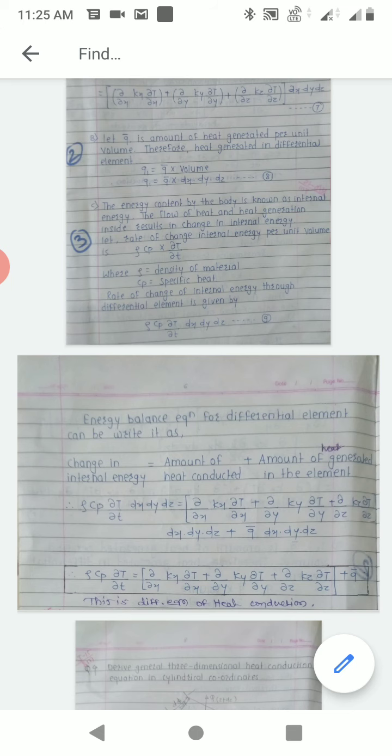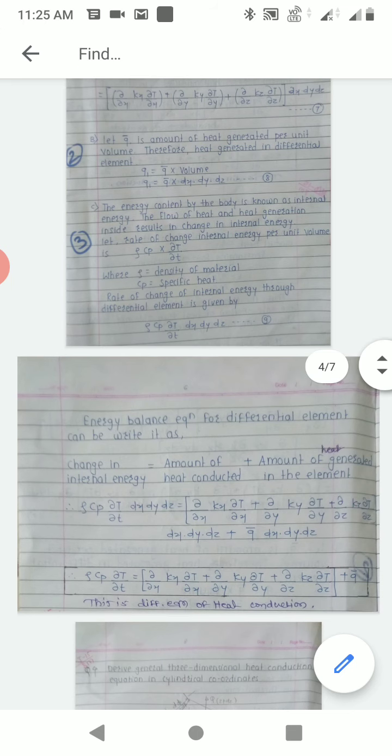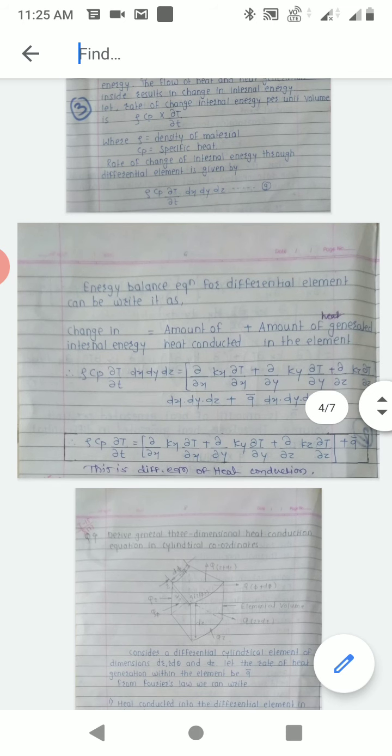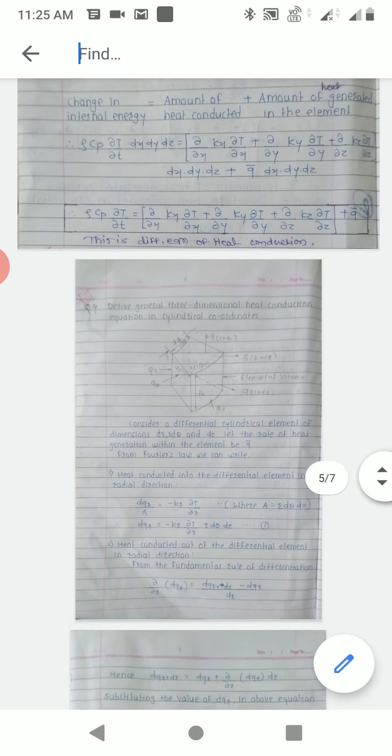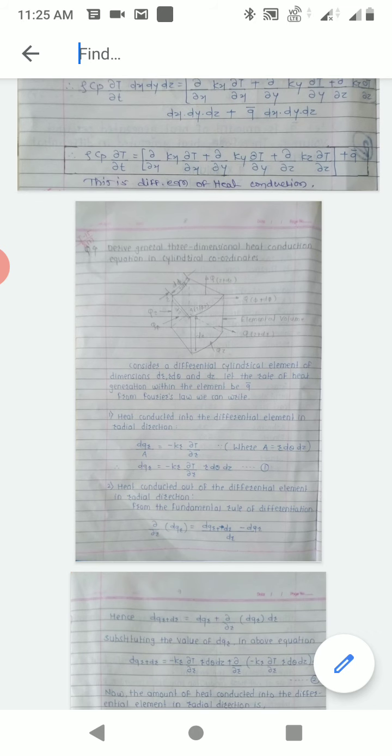So we have now found the differential equation for the Cartesian coordinate system. The same process and the same steps can be used to derive this equation for the cylindrical coordinate system. There is only a small change when writing the equation, and you can easily recognize it.